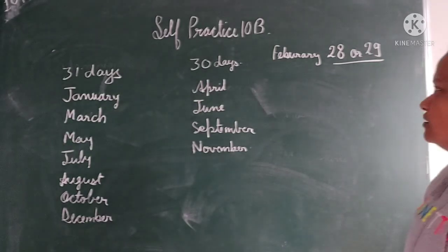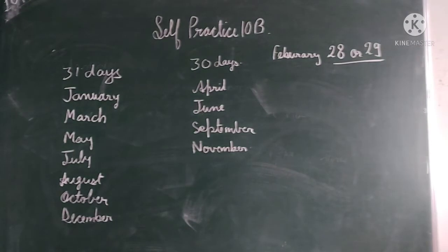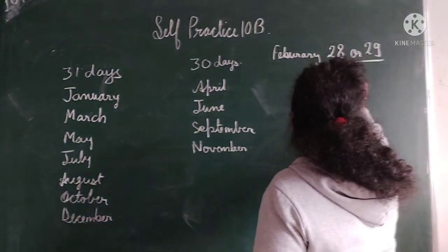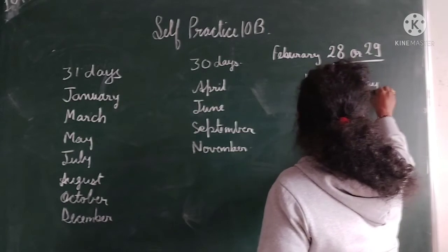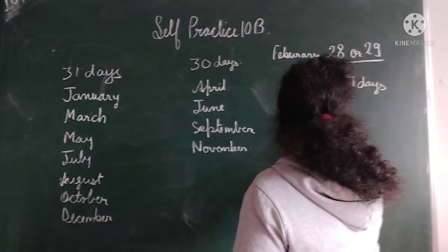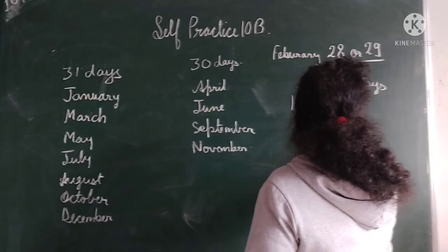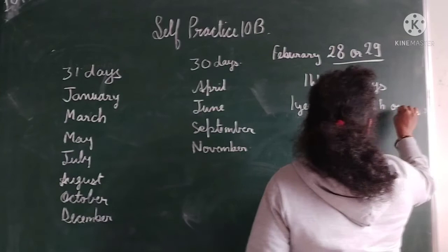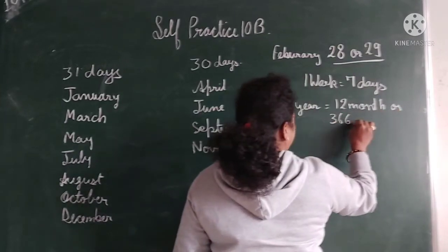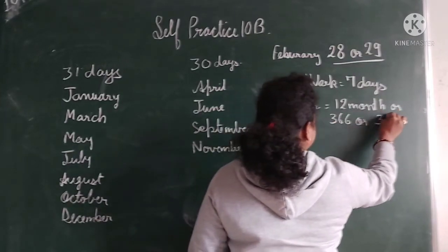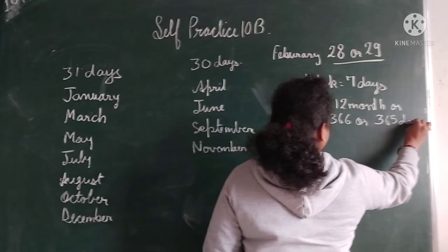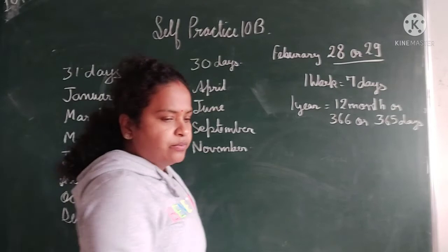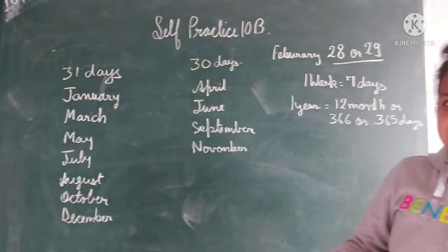Okay. Now some little more things we can study in short. 1 week, how many days? 7 days. 1 year, 12 months, or 366 or 365 days. Then after that what comes? 10 years.